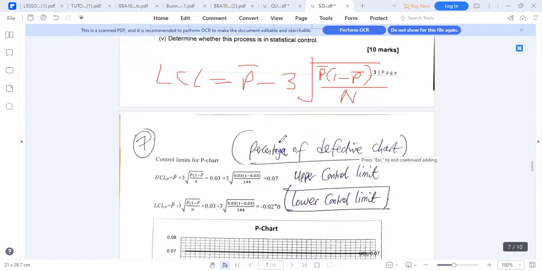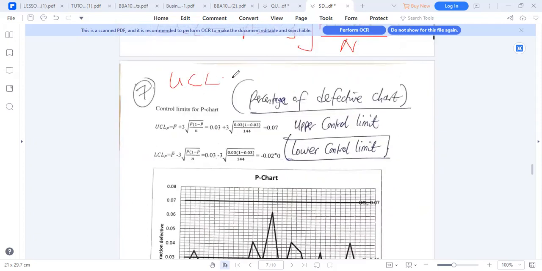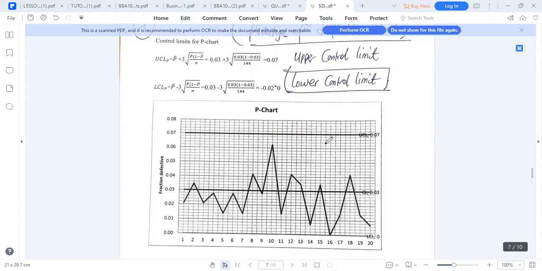Then the upper control limit for the P chart is the opposite: P bar plus 3 times the square root of P bar times 1 minus P bar over N.